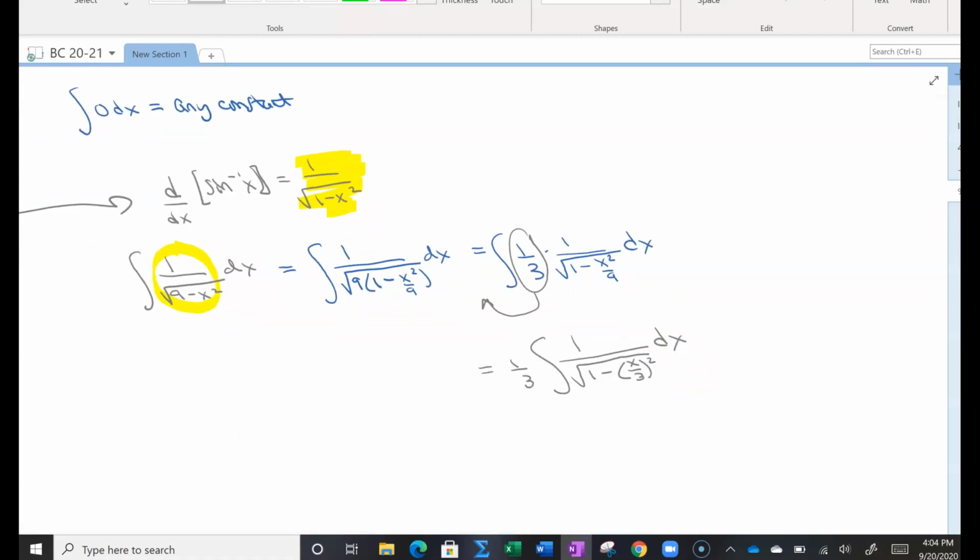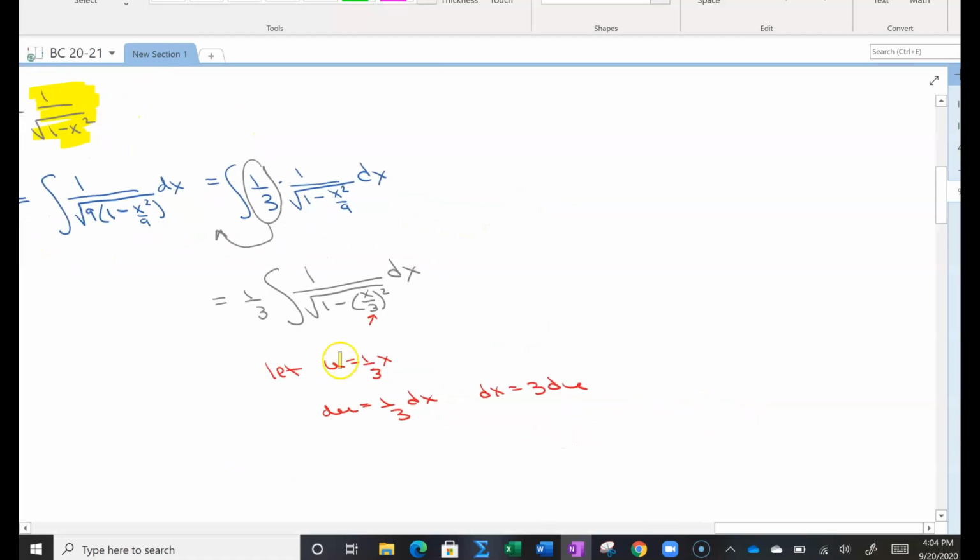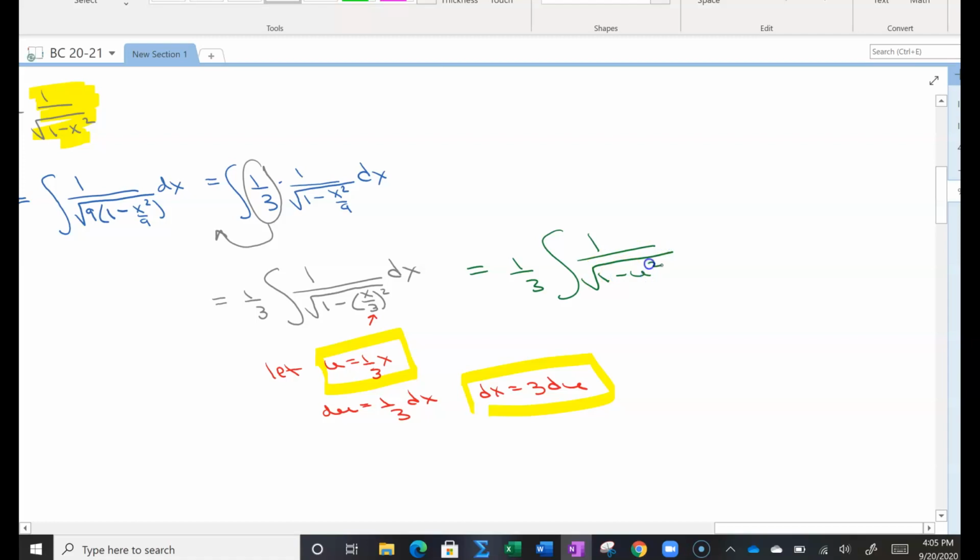Now I'm going to let u equal x over 3, or just 1/3 x. So du equals 1/3 dx, or dx equals 3 du. When I then sub u and dx back into this integral, I have the 1/3 waiting outside, the indefinite integral of 1 over the square root of 1 minus u squared times 3 du.